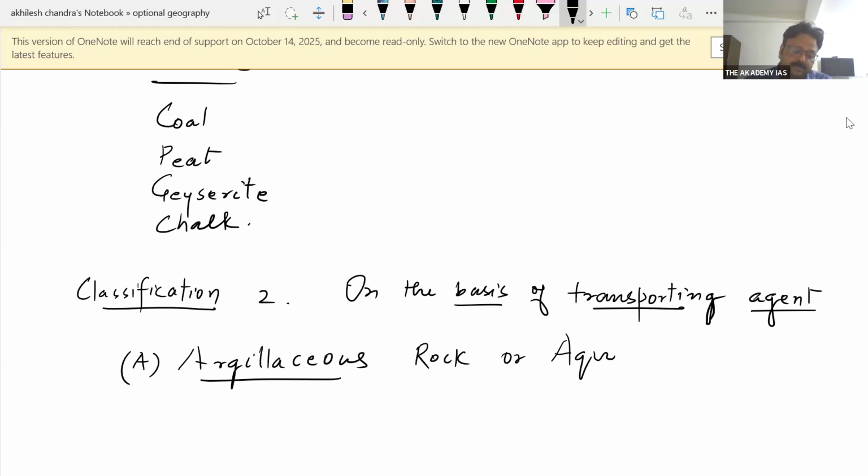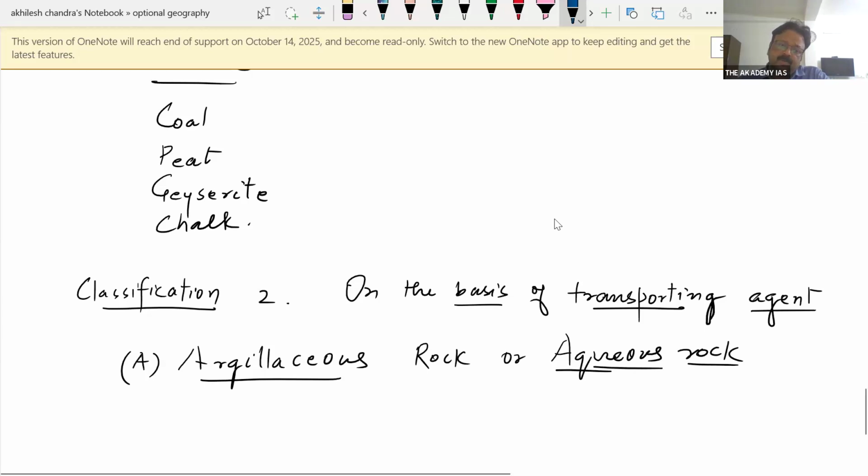Aqueous rock, so the meaning is the same, it is made from aqua. It is something brought by sediment, brought by water.